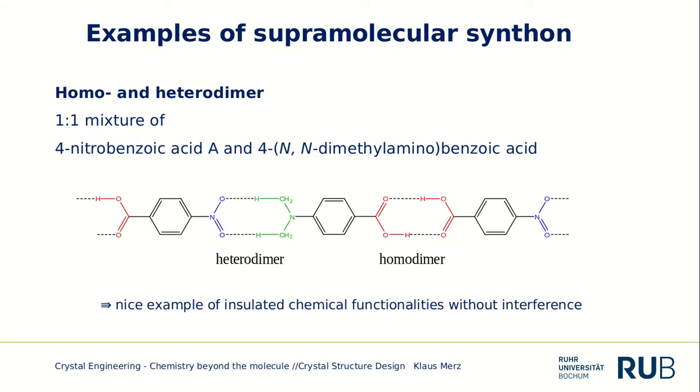I'm sure I didn't check it, but I'm sure you will not find such chains, or such a pattern, in the case of 1,2 or 1,3 position of substituents. Very nice example of insulated chemical functions and synergetic possibilities of homo and hetero synthons.